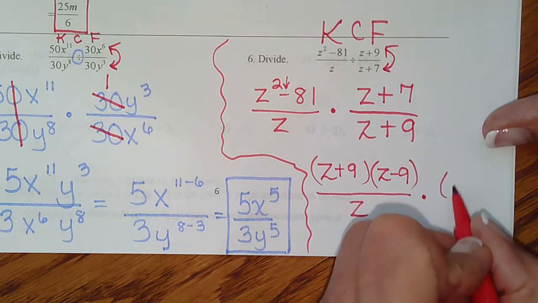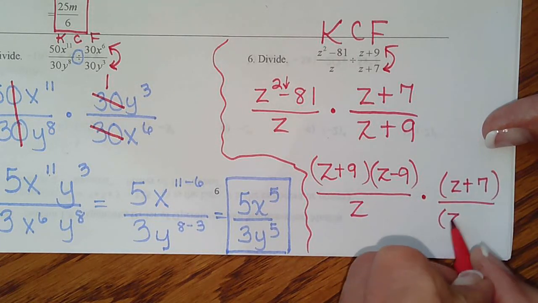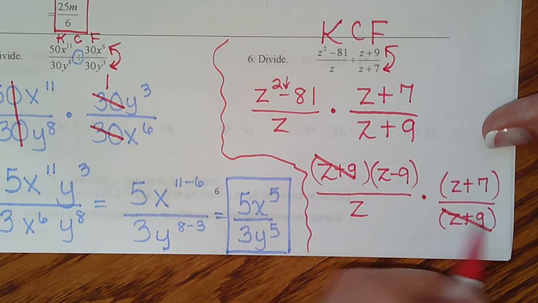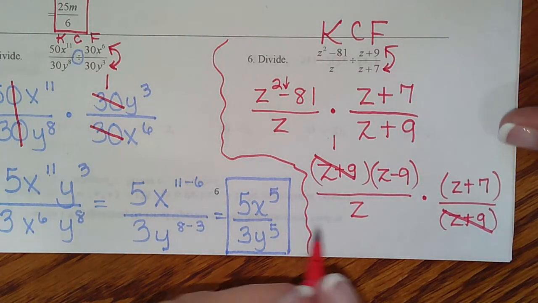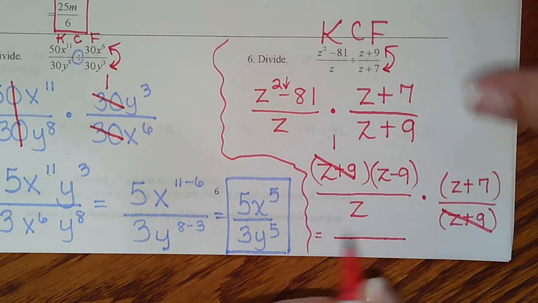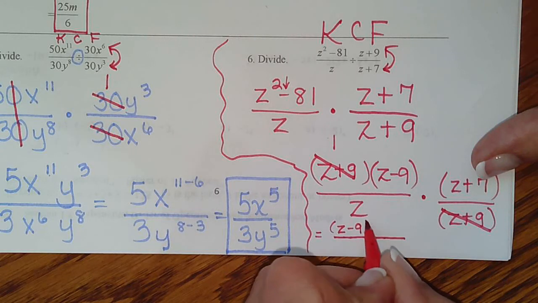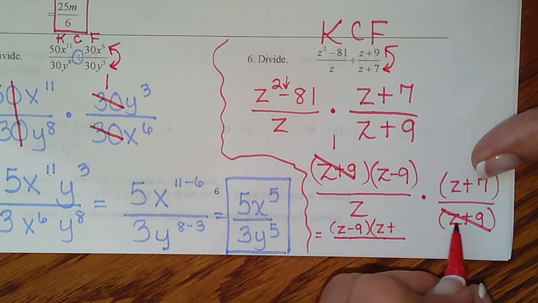Then this is z plus 7 over z plus 9. Only one thing cancels, so this is about the most boring problem in the nation. But somebody's got to do it. So the final answer is numerator z minus 9, z plus 7 over z.